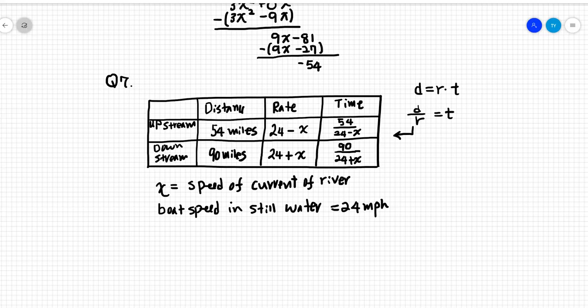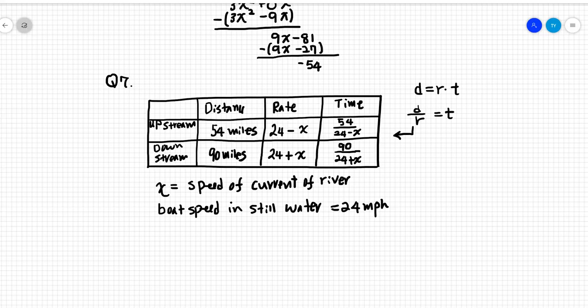Now it also says the going 54 miles upstream is the same time that it takes to travel down 90 miles downstream. So whatever the time that goes upstream is the same as the time that comes down in the downstream.